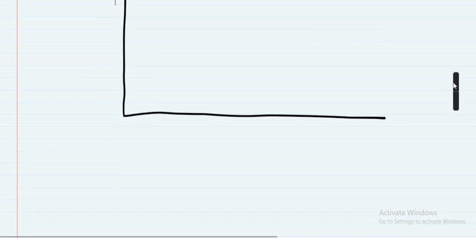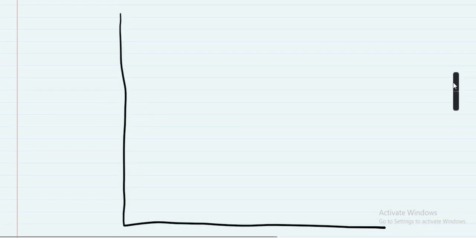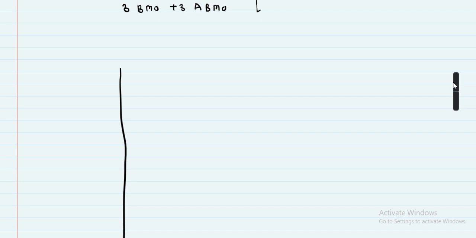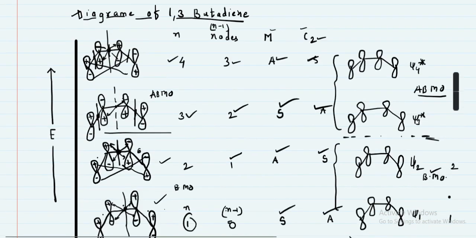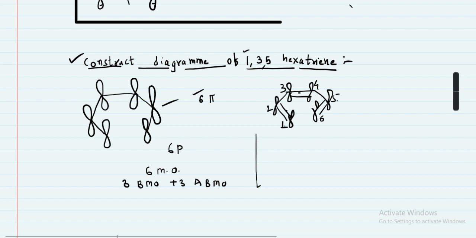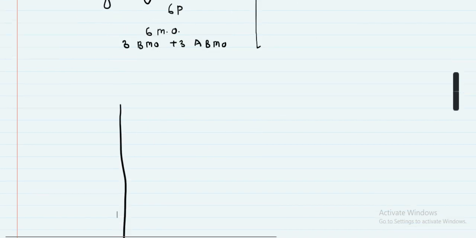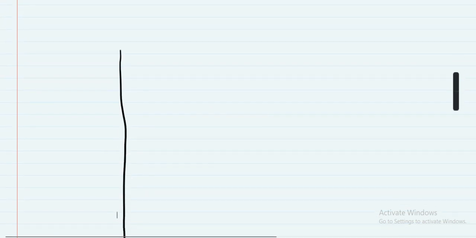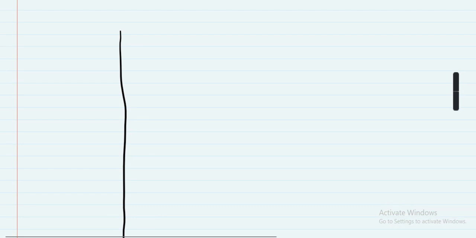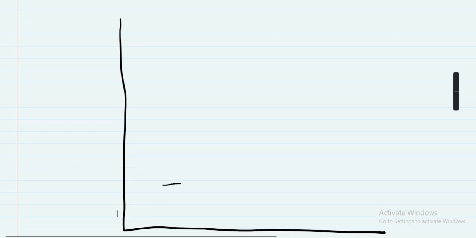How many p orbitals are possible, we have discussed. There are 6 p orbitals, therefore you have to draw the 6 p orbitals. Among the 6 molecular orbitals, 3 should be anti-bonding and 3 should be bonding. Let us try.